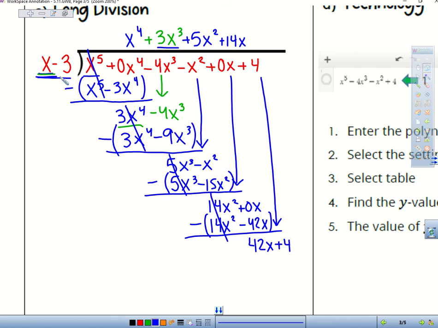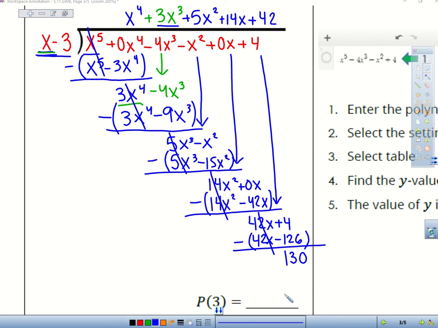What would I multiply x by to get to 42x? 42. 42 times x minus 3 is 42x minus 126. We subtract, cancel. This becomes a positive, which means we get 130. Is that what we expected?